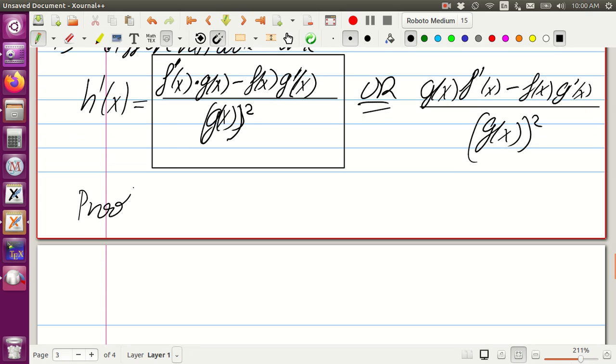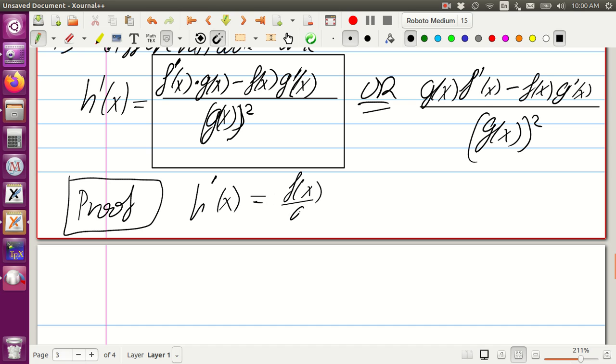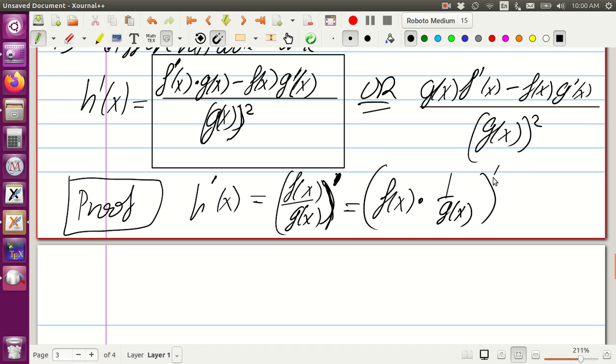Proof. So we need to find the derivative of h. And we're going to find the derivative of f of x over g of x. But fortunately, since we proved the previous lemma, it will be relatively easy. What we're going to do, we're going to think of it as the derivative of f of x times 1 over g of x. And we're going to use the product rule.